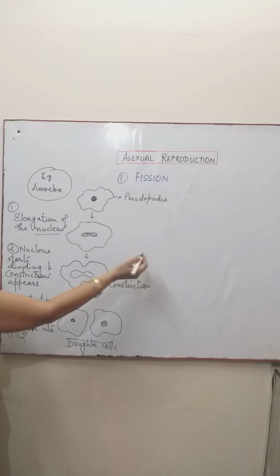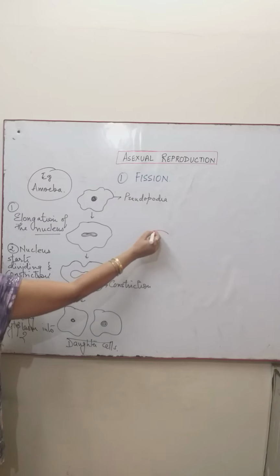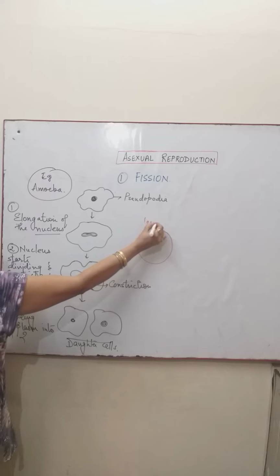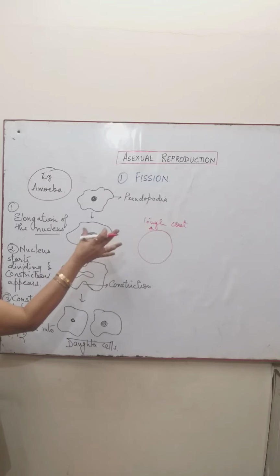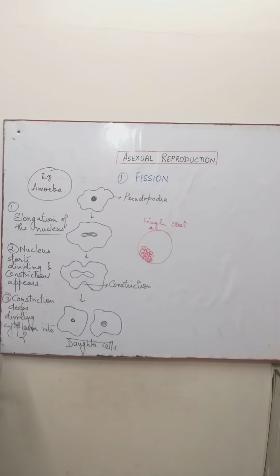This tough coat protects against the unfavorable conditions, and a lot of cells are formed inside.